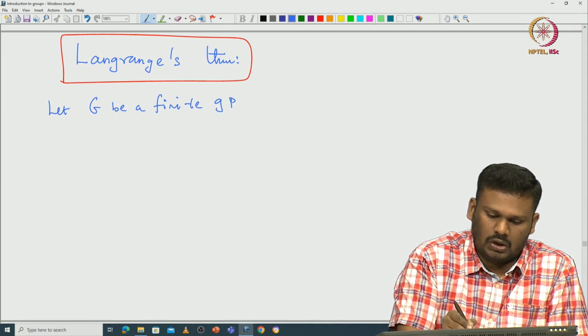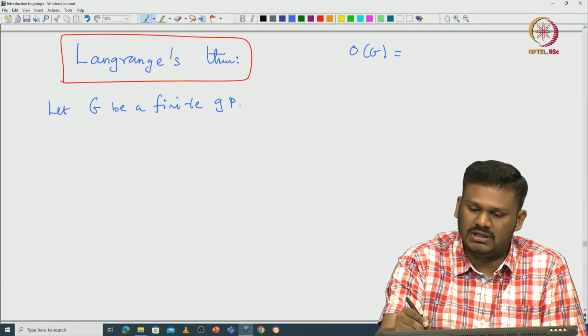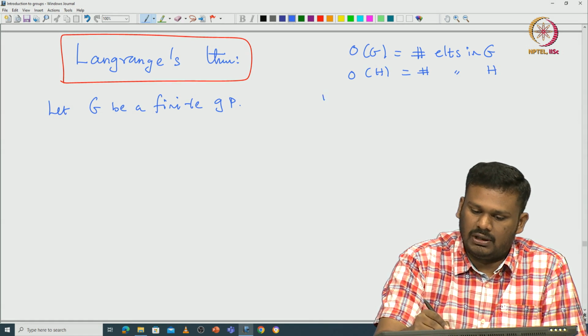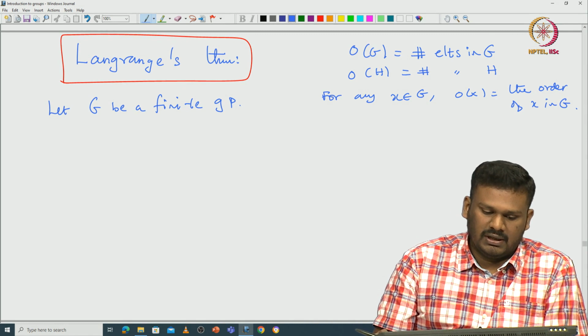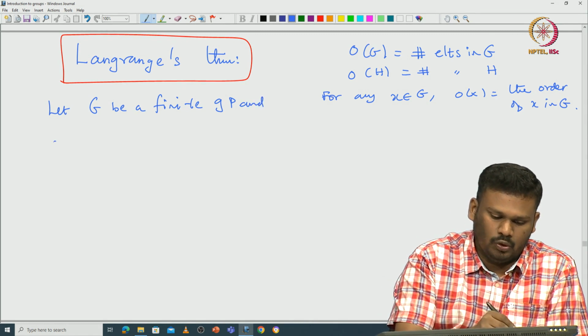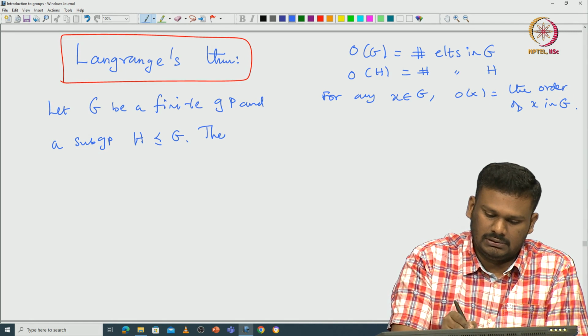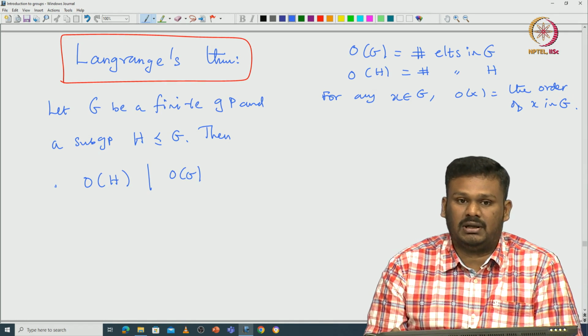In particular, I can talk about the number of elements in G, or the order of G. Recall that the order of G is denoted by O of G, which counts the number of elements in G. Similarly, the order of H is the number of elements in capital H, and for any X in G, the order of X denotes the order of that element in G. Now, given a group G and a subgroup H of G, we can prove that the order of H must divide the order of G. That is the first part of Lagrange's theorem.